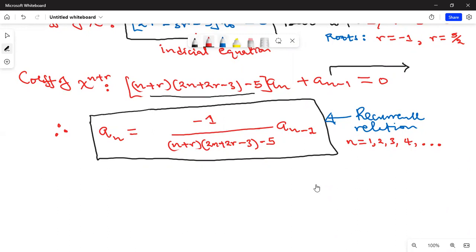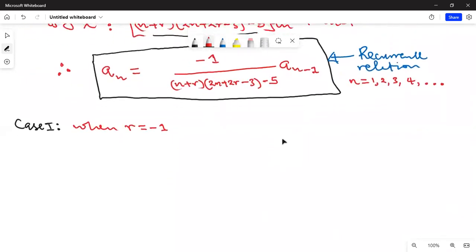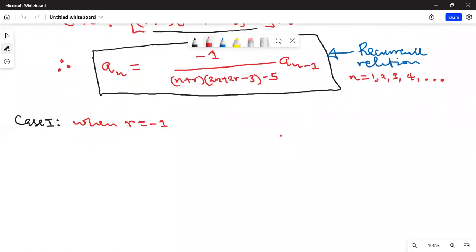So let me write here that case 1 is when r is equal to -1. What will happen? How will the recurrence relation look like? So when I substitute into our recurrence relation, we are going to get a subscript n is equal to -1.